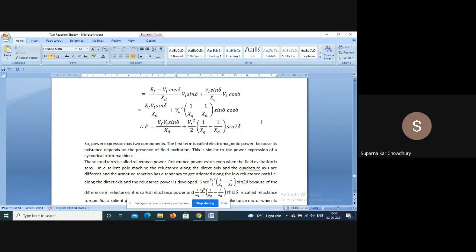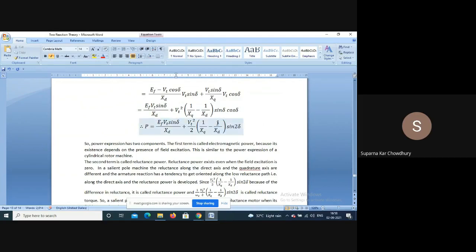If you remember the power expression of the cylindrical rotor machine, this was Ef Vt by Xs sine delta. So this portion is comparable to that. It has additionally this expression. Now this is basically the reluctance power, and the first is the electromagnetic power, because if the excitation is 0, this power will be 0.